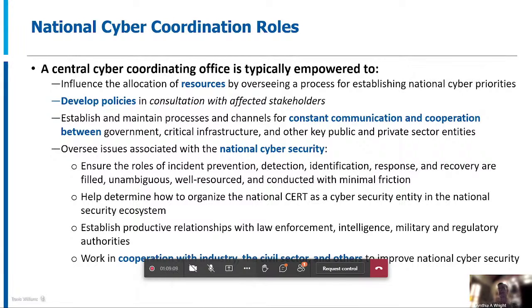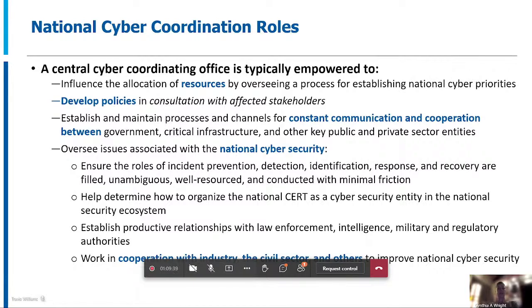This is because a single government office doesn't necessarily always know what the stakeholders are capable of implementing and what's appropriate for the equipment and architectures they have installed. So it's important that they consult together in the development of policies, but also that those policies really do improve security postures. They help establish and maintain the processes for communication and cooperation between all those actors that we looked at.